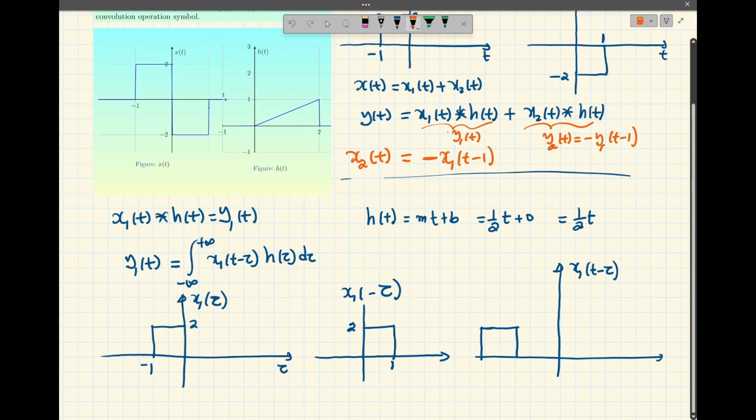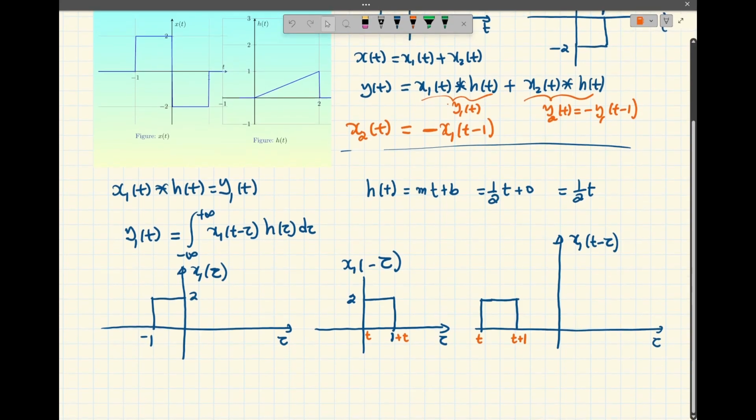So we just add t to this point. So we have t and t plus 1. Okay. Now, don't lose sight that the horizontal axis is tau, and this is 2.